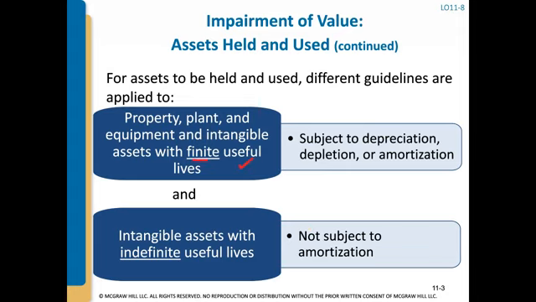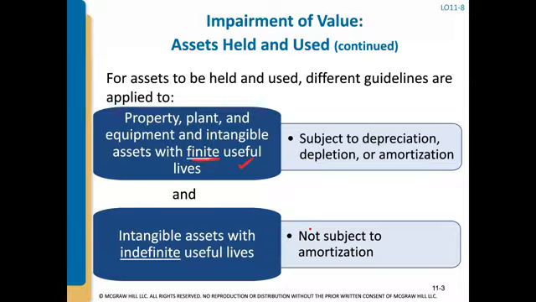When we say finite useful life, it means there's a number assigned to the useful life of those assets, such as a patent, which usually can have a useful life of up to 20 years. A copyright has an assigned useful life that a company can amortize over.